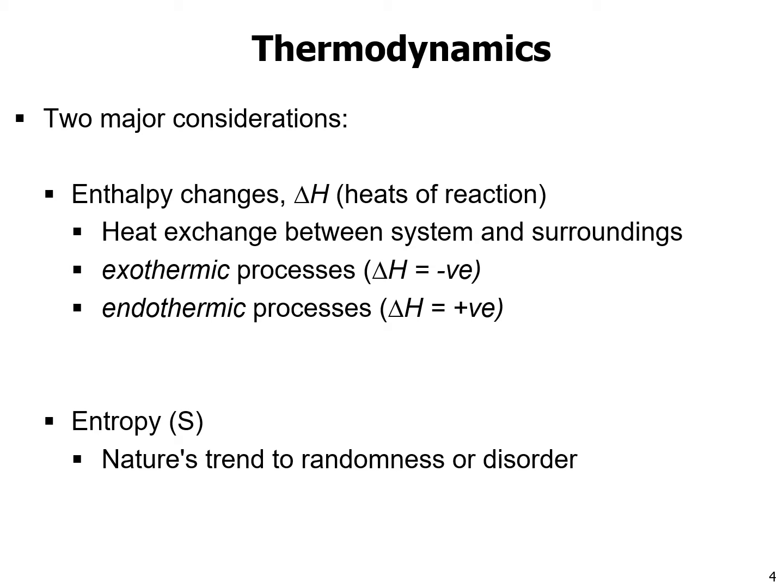Exothermic processes release heat or produce heat, exo meaning exit. So delta H in that case has a negative sign. Whenever delta H is negative, it's an exothermic process. Whenever delta H is positive, it's an endothermic process, where energy is absorbed during a chemical reaction.